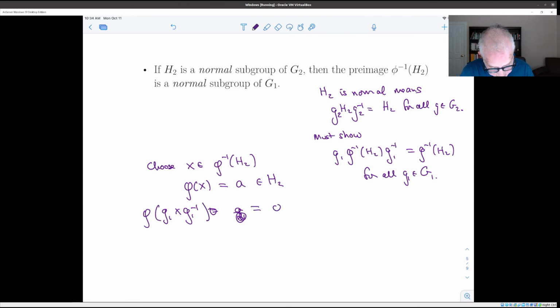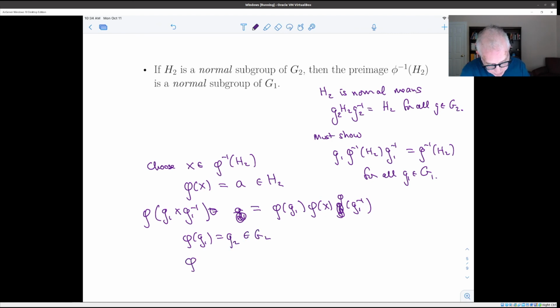So that's phi of G1, using the homomorphism property, phi of X, phi of G1 inverse. Notice that phi of G1, let's just call that G2. It's just some element of G2.